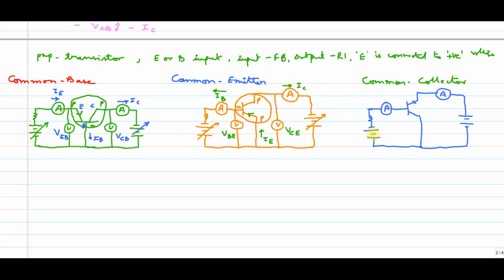Input voltage is a variable, and this is also a variable, this is the voltage across this terminal, and this is the voltage across these two terminals. These are the laboratory diagrams also. In the laboratory also we need to do it like this. We need to connect all these voltmeters and ammeters, and identify various currents and voltages for getting the different characteristics. Now we can give the names. This is base current, so IB.